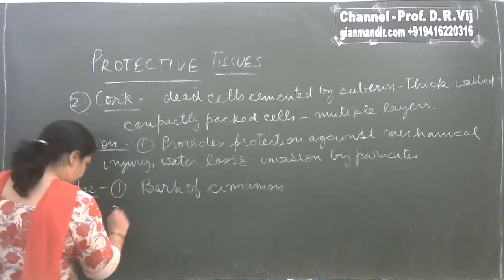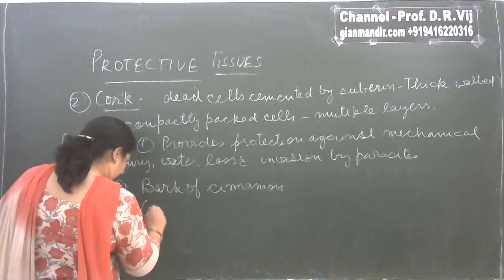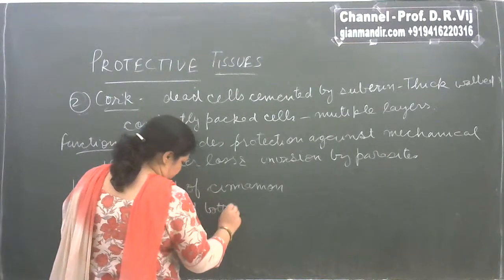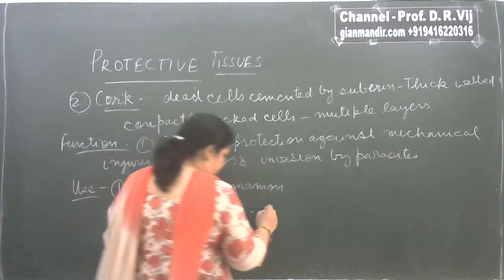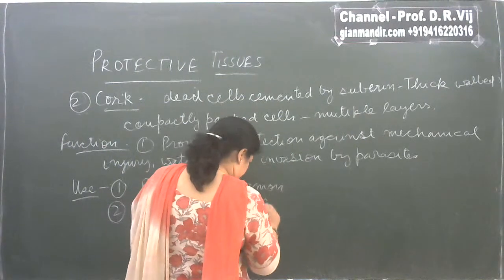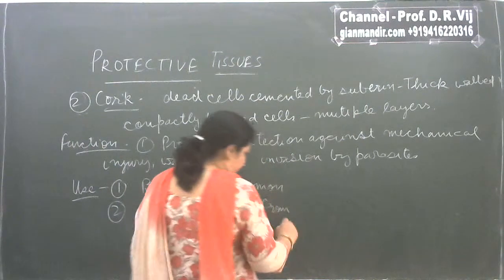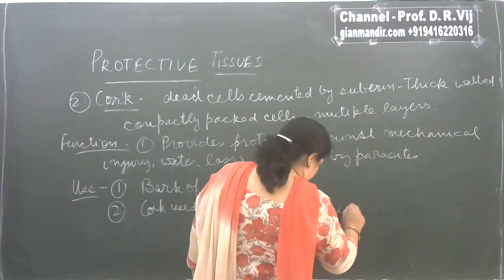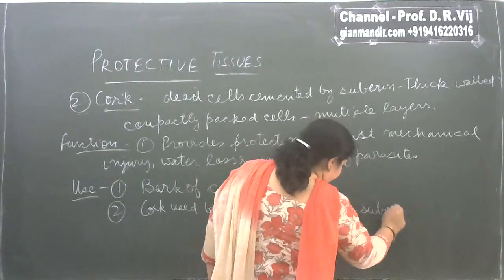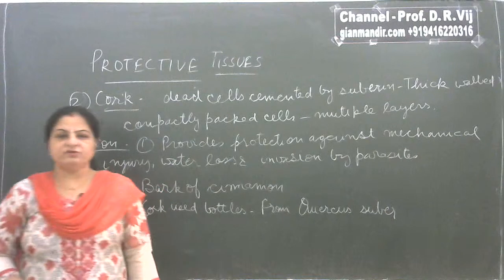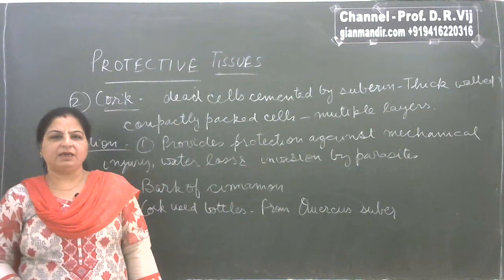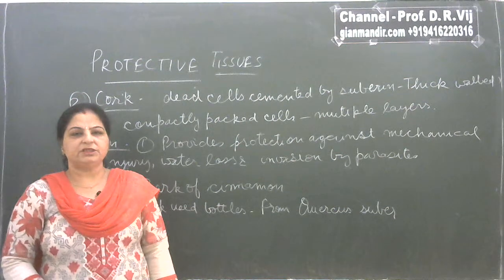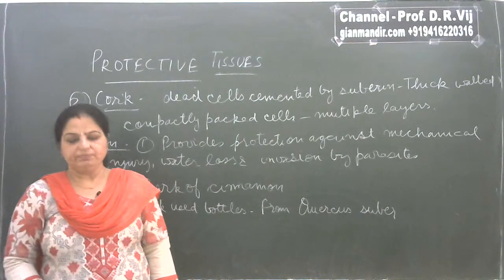And also the cork used in bottles is obtained from the tree known as Quercus suber, which is used for making the stoppers of bottles, and is also used for packing, and for making your sport equipment.